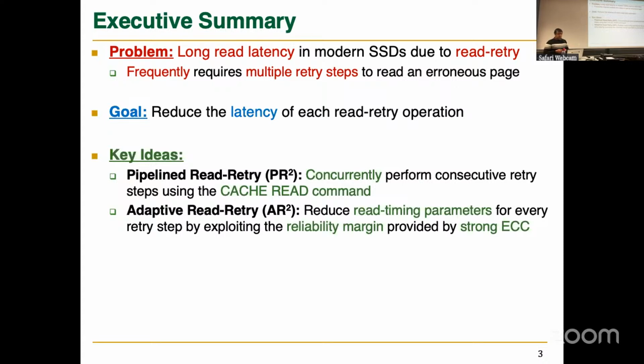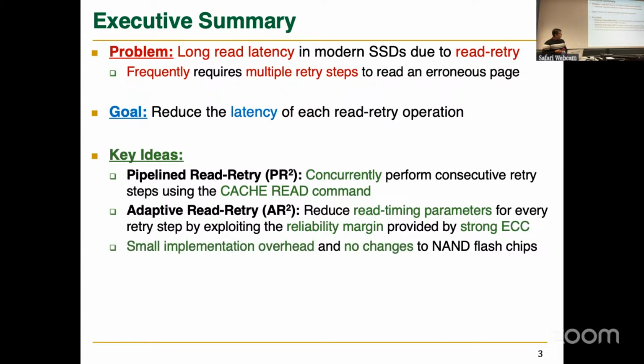The first one is pipelined read-retry, PR square, which concurrently performs the consecutive read-retry operations using the cache read command. And then adaptive read-retry, AR square, which reduces the read timing parameters to exploit the reliability margin provided by the strong ECC. Both these techniques come with small implementation overhead and require no changes to NAND flash chips.